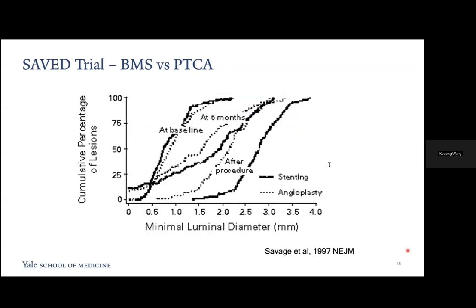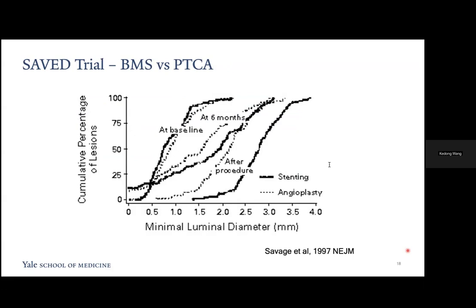With the advent of bare metal stents, people were hoping that the superior outcome of stents in native coronary vessels would translate over to vein graft PCI. Long story short, that turns out to be generally true for both bare metal stents and drug-eluting stents, but not to the extent that people would like.